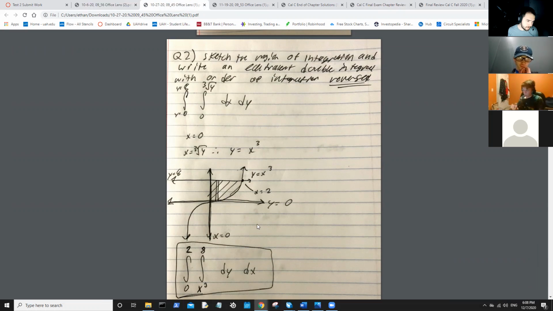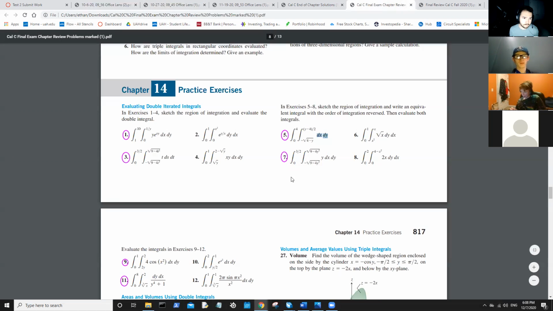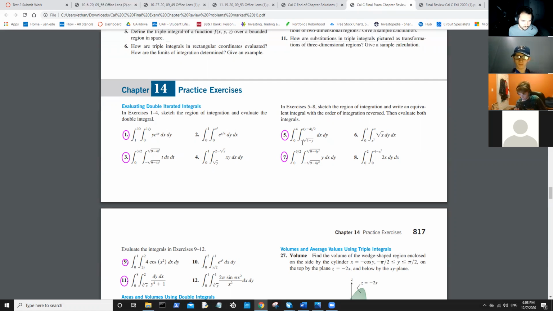So what we do is we choose whether we're going from bottom to top or from left to right. From this, it looks like we are going from bottom to top now, if we wanted to do this in terms of dy. So we go in from the line 2x plus 4.